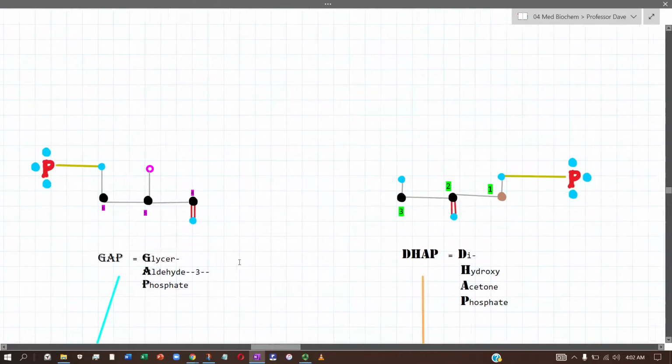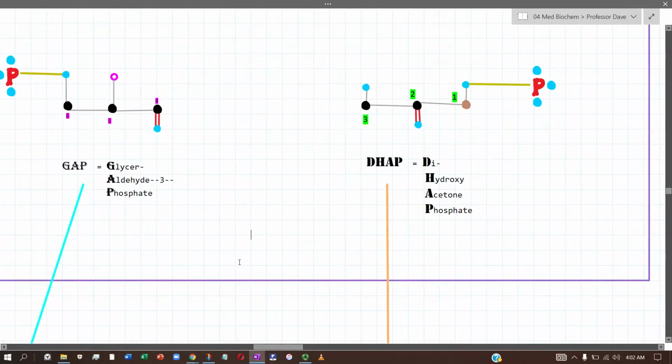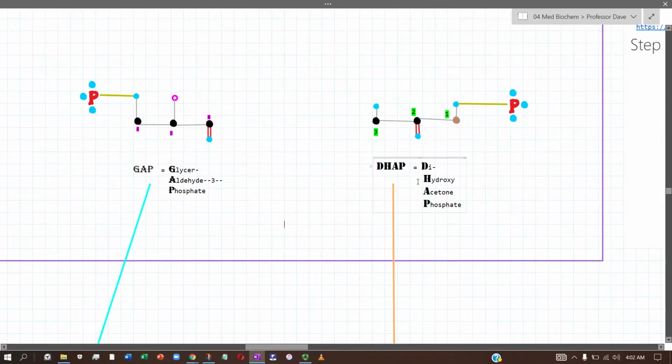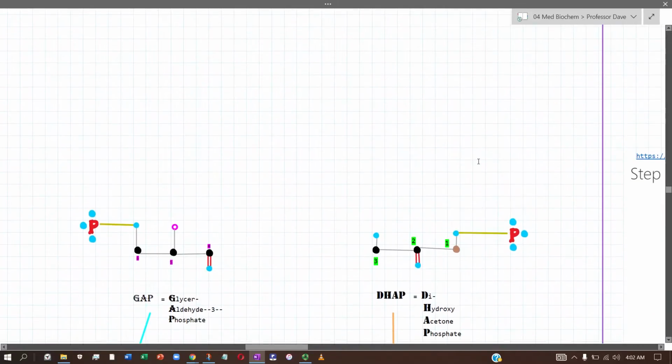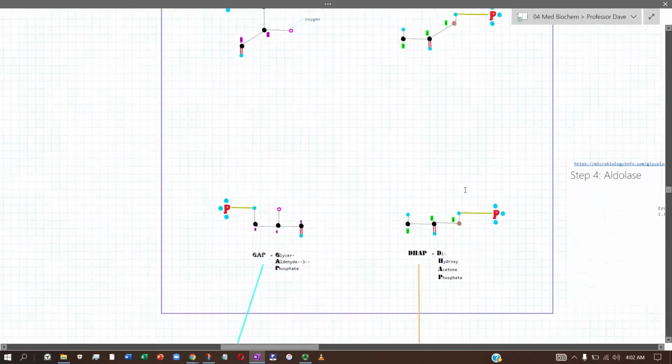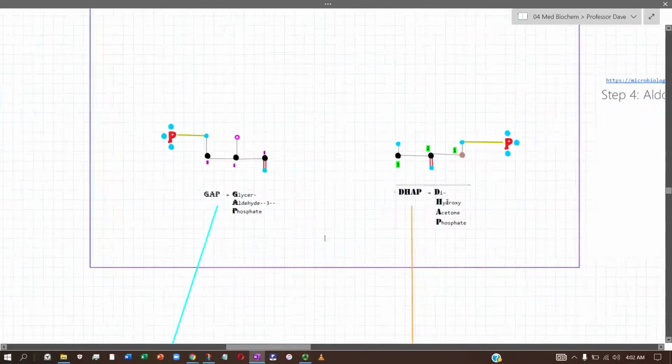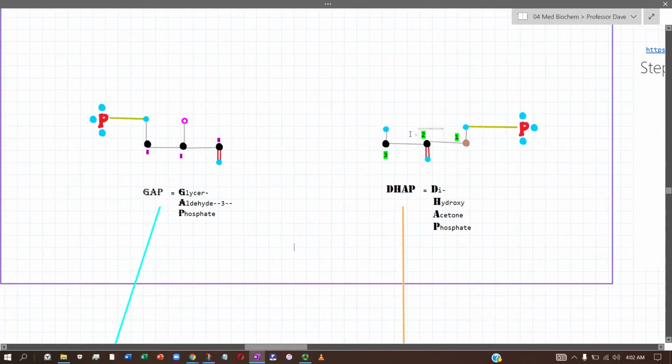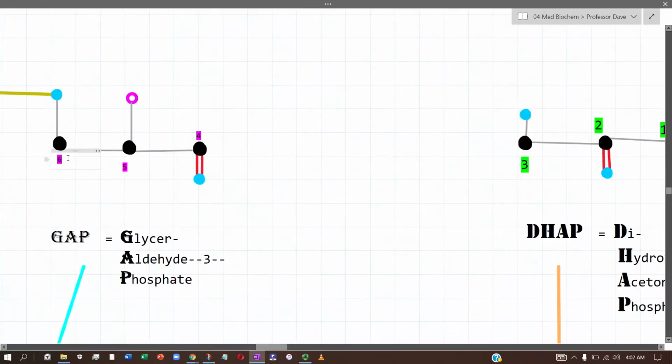And the other one is DAP, which stands for dihydroxyacetone phosphate. Cool. Now these are drawn in a linear fashion, but they're still numbered the same: 1, 2, and 3, and then 4, 5, and 6.